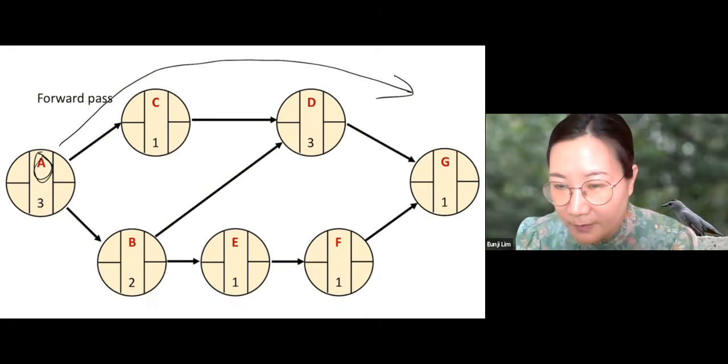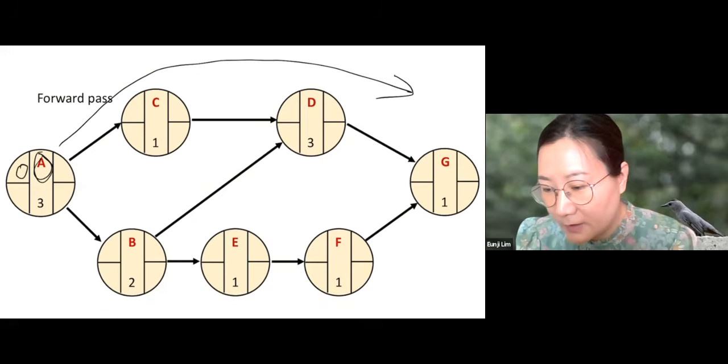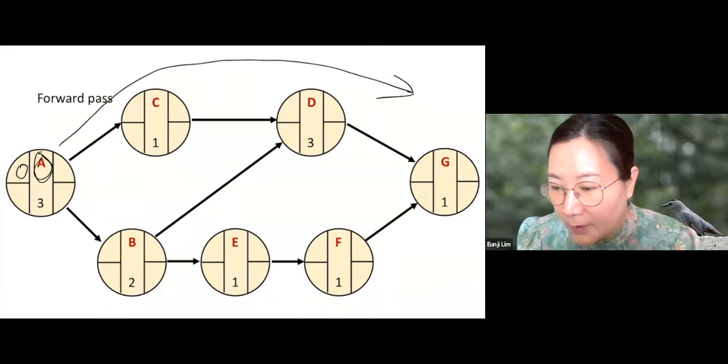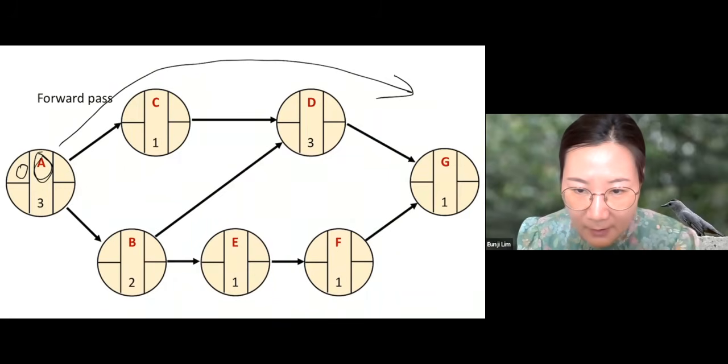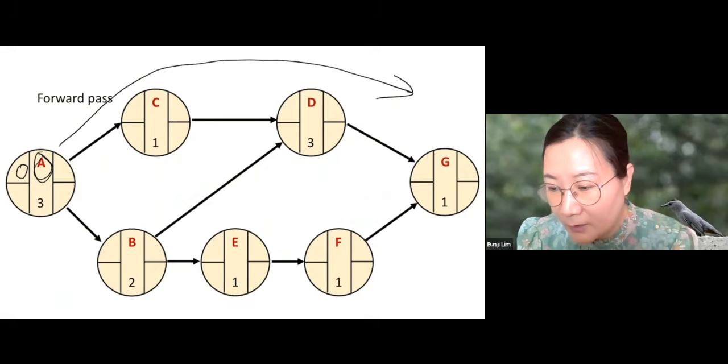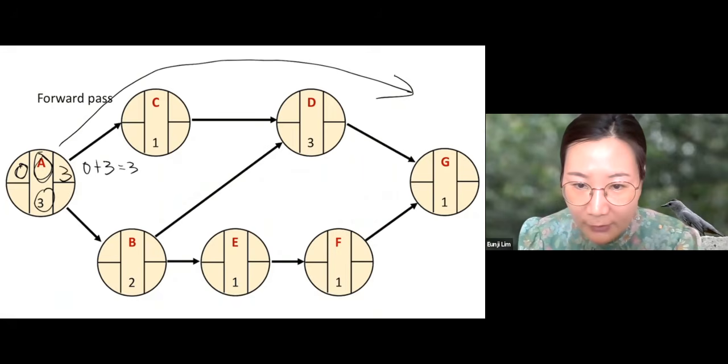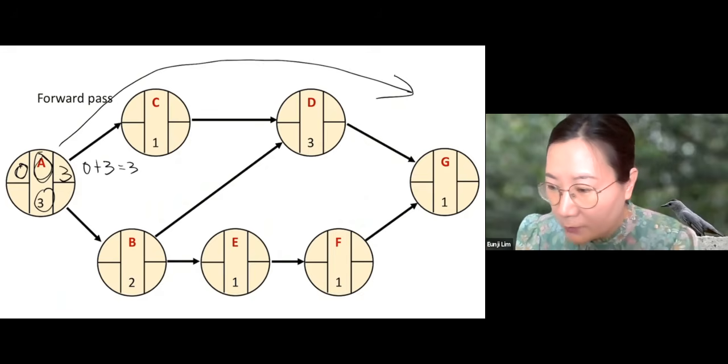Since this is the first activity, we can start this at time 0. When is the earliest finish time of A? If we start working on A at time 0, the duration is 3 months, so we can finish it by 3.